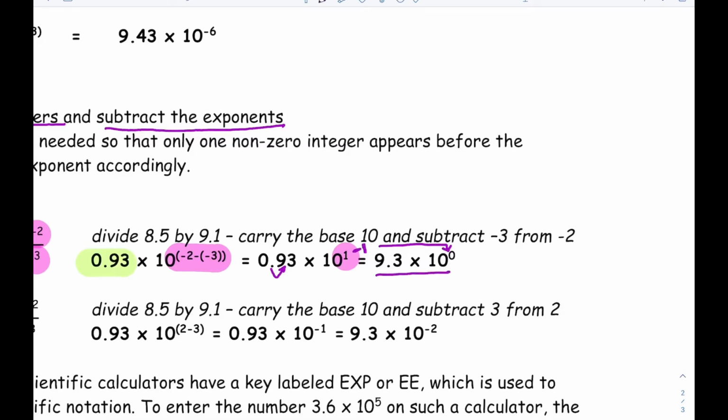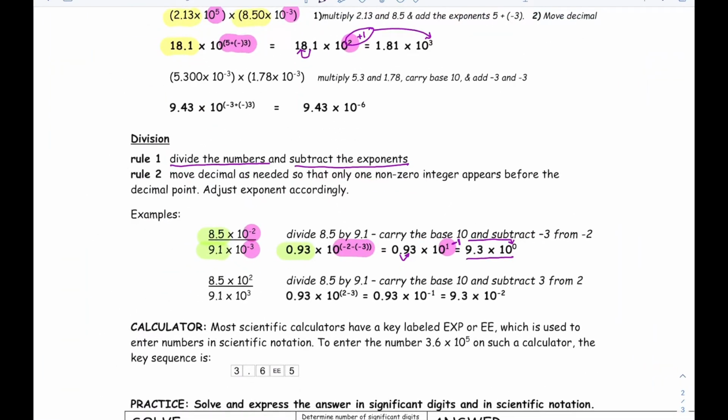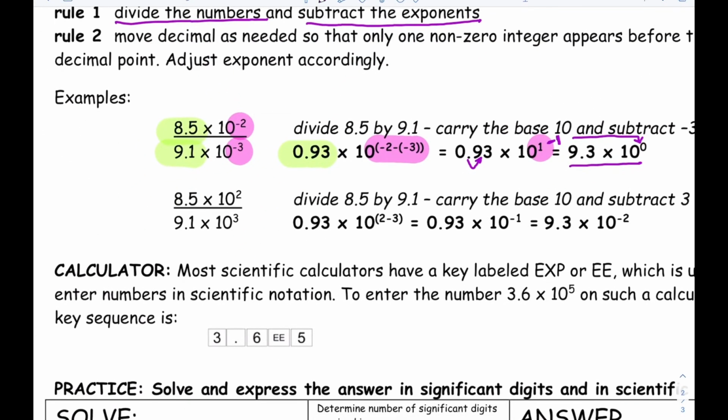All right, let's do a couple examples together. Before we do, though, you're free to use a calculator that's scientific or graphing. And these are the steps that you would follow to use a scientific or graphing calculator. So most scientific calculators have a key that's labeled EXP or EE.